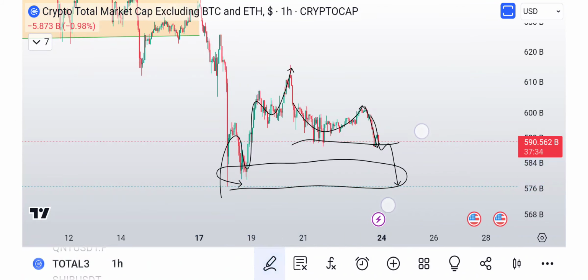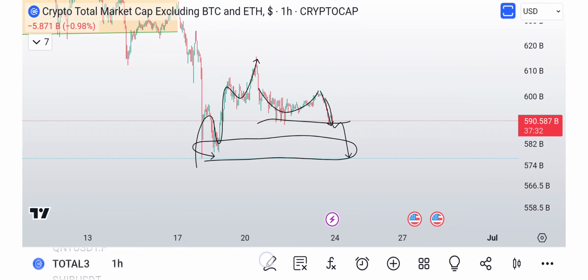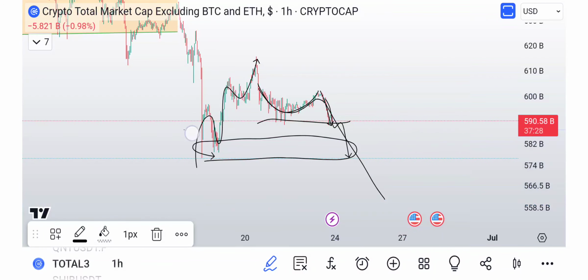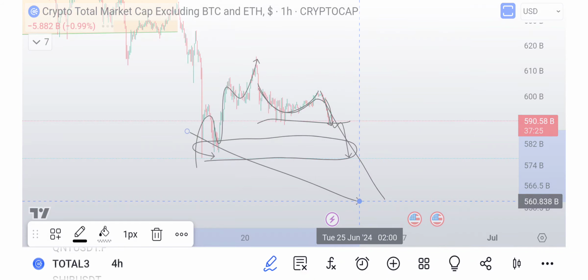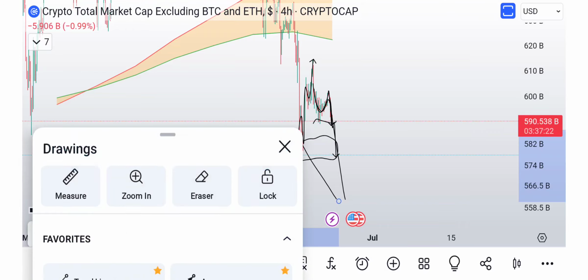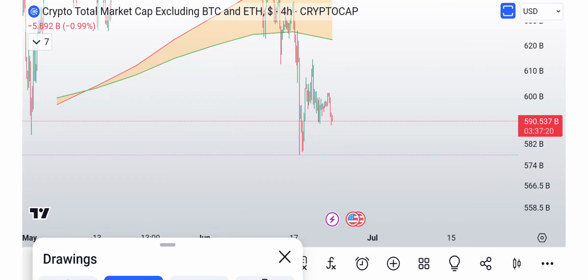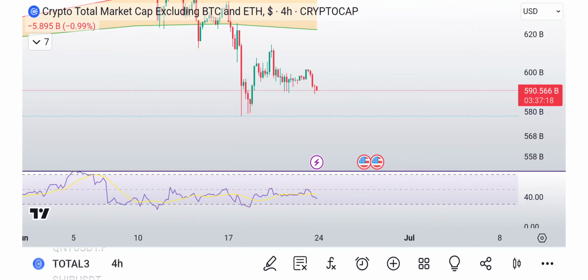The question is, do we make another low? If we do, that's okay, but we just want to make some bullish divergence here. Let's see, on a higher time frame, get rid of this, turn that on.